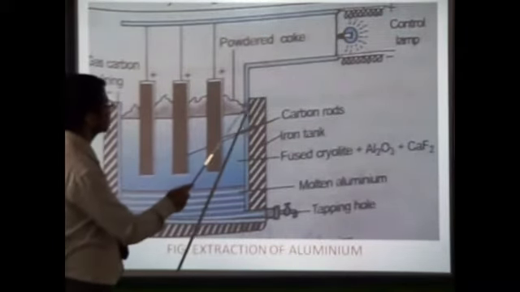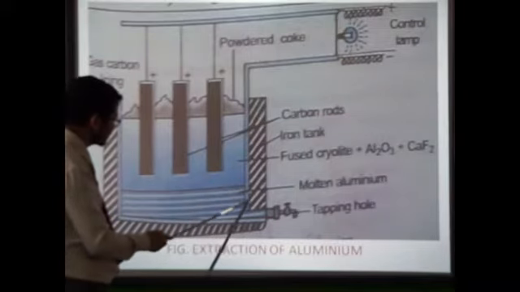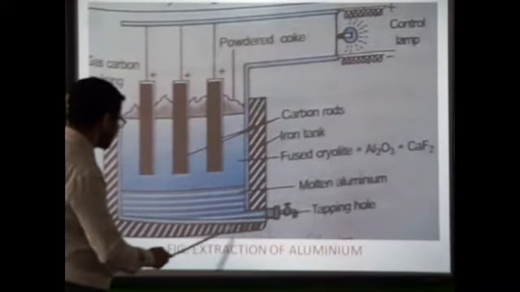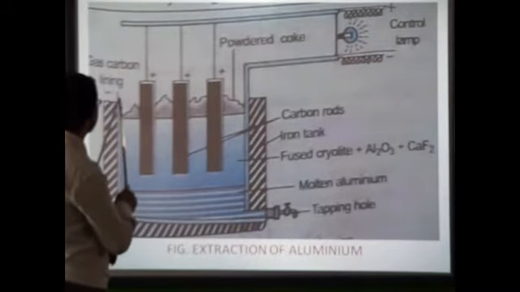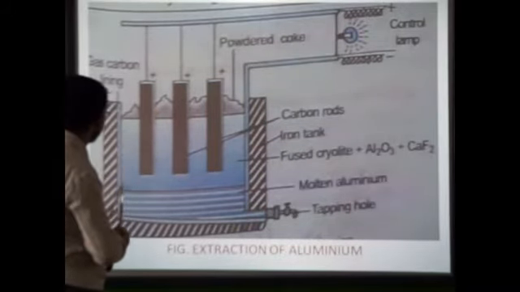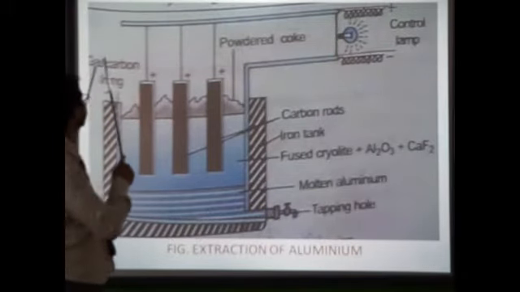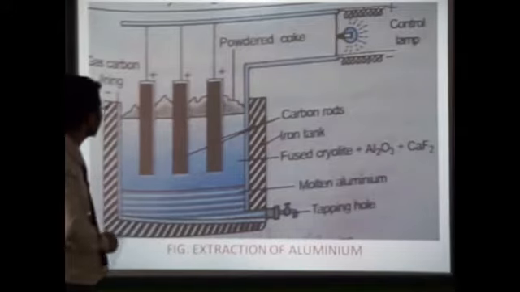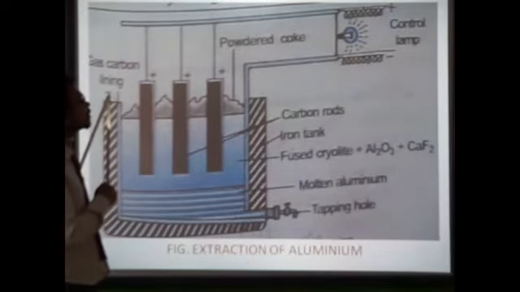And you can see this inner lining, a complete inner lining. This inner lining is carbon lining, in the form of gas carbon lining, which acts as negatively charged cathode.